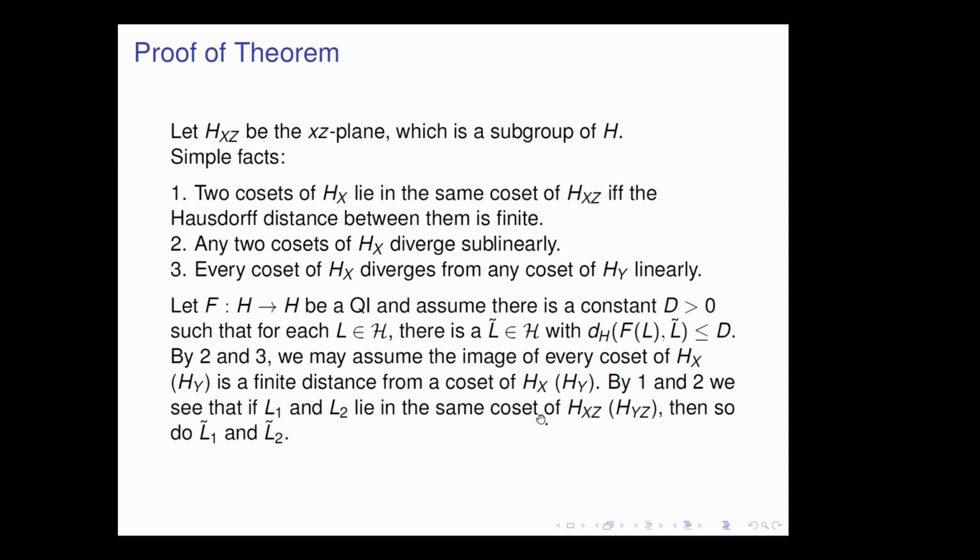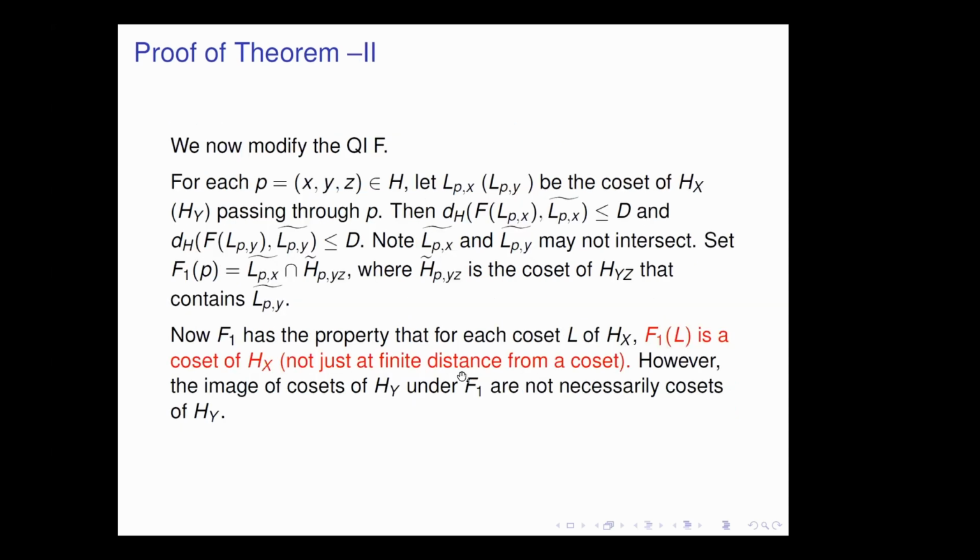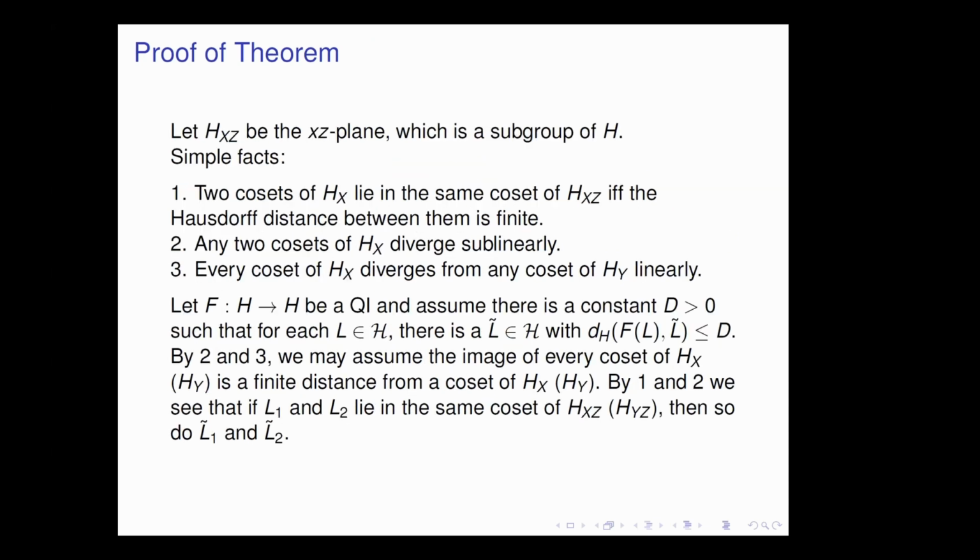And the same for cosets of the y-axis that lie in the yz plane: the corresponding L1 tilde, L2 tilde also lie in the same coset of the yz plane. Okay, so that's the simple observation we need.